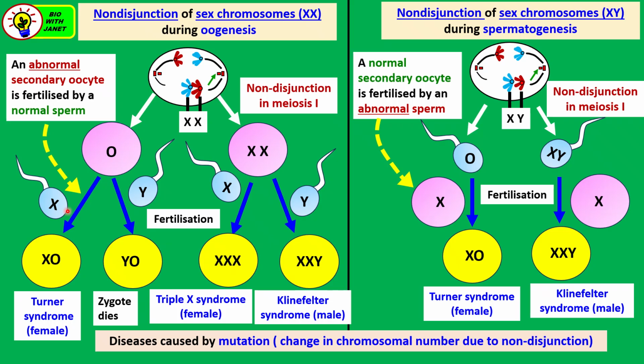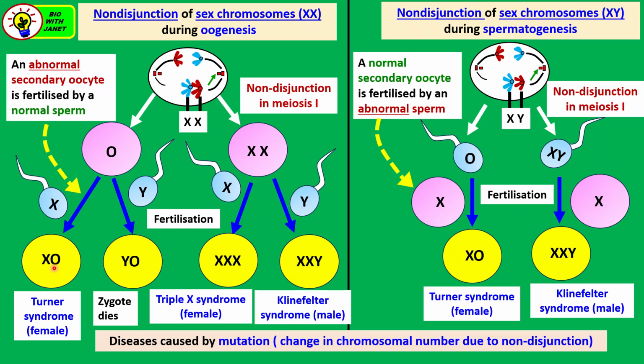Normal sperms are like this. A normal sperm can have one sex chromosome X or one sex chromosome Y. If the normal X sperm fuses with the abnormal ovum that has zero sex chromosomes, then the sex chromosome X and O, none, will come together.